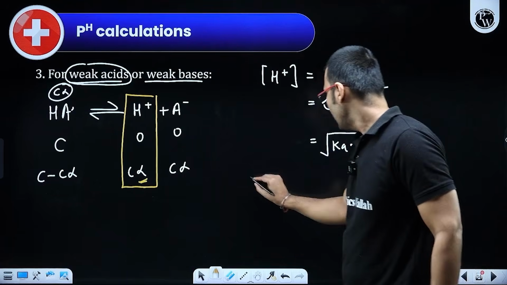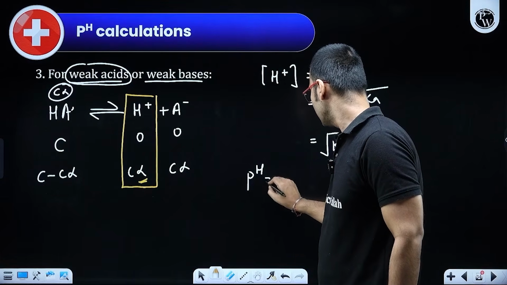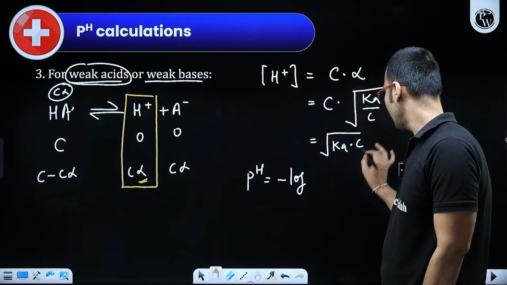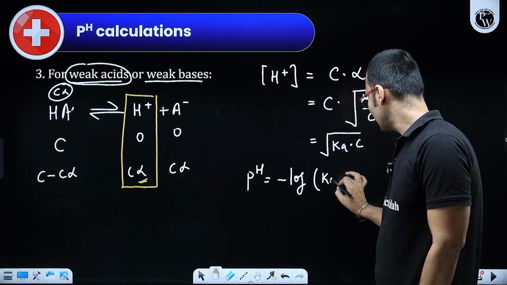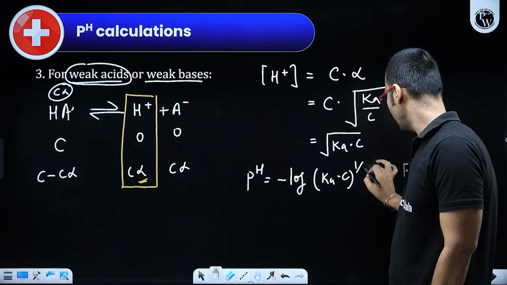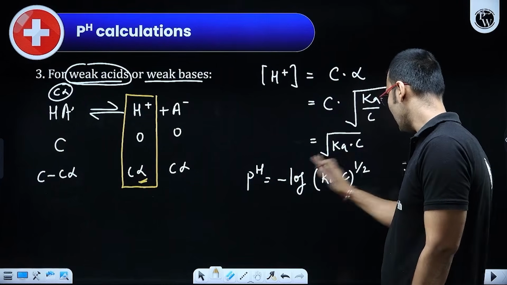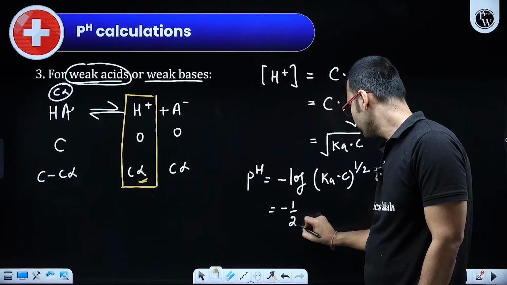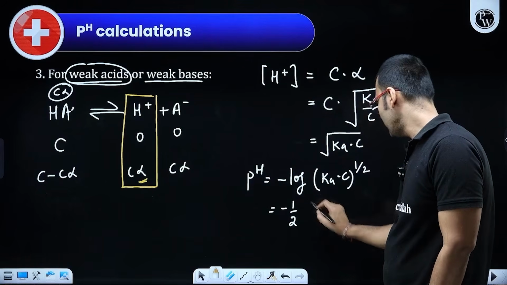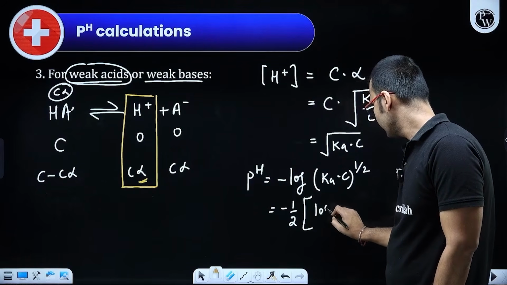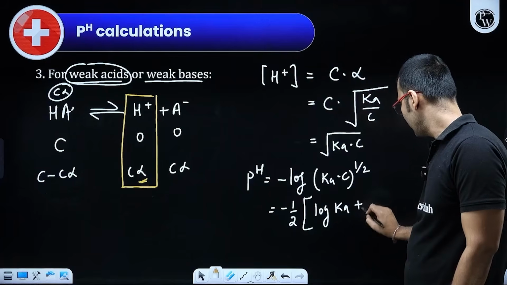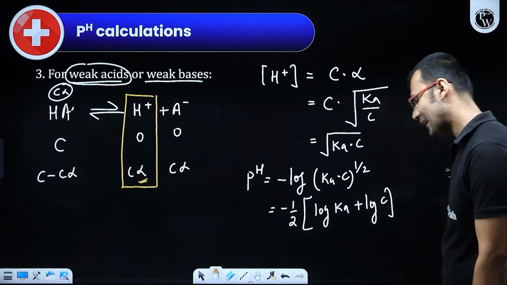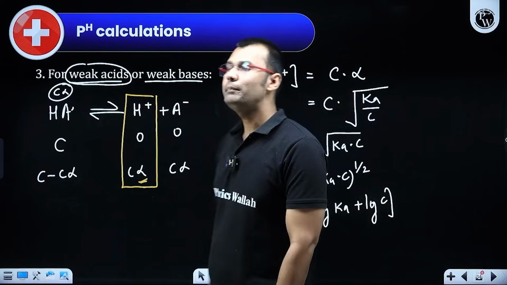And from here, if you calculate the pH, students, it will be minus log concentration of H plus, which is under root K into C, and it can be written as K into C power half, because square root is nothing but power half. Half will come outside, so it will be minus of 1 by 2. And log K into C can be expressed as log Ka plus log C. Now please remember, I told you about the pK terms.